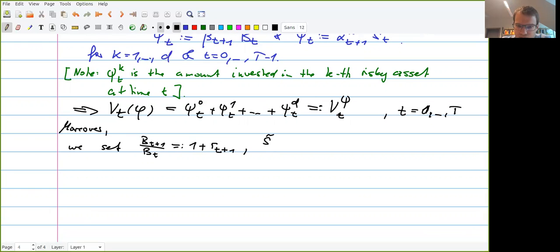And then I can do the same for the k-th asset, and I introduce here my R tilde, which is just an auxiliary random variable.